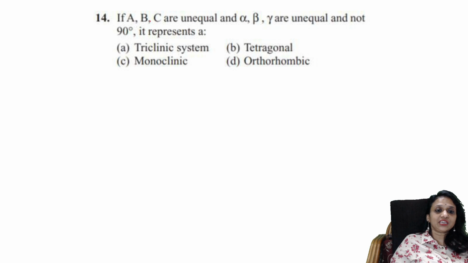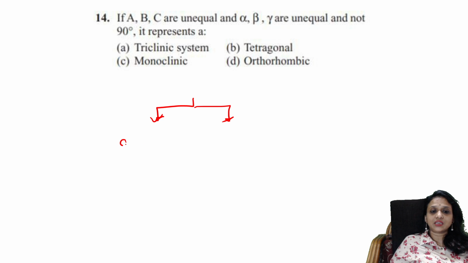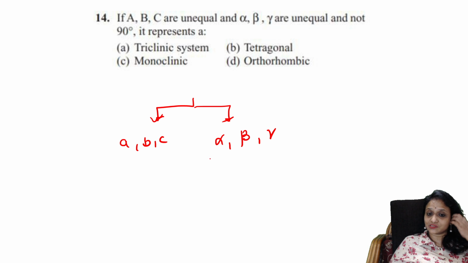Fine. If A, B, C are unequal, and alpha, beta, gamma are unequal and not 90 degrees, it represents which? We very well know for a unit cell, you have two parameters to consider. What are they? Edge lengths A, B, C and alpha, beta, gamma angles. Correct?